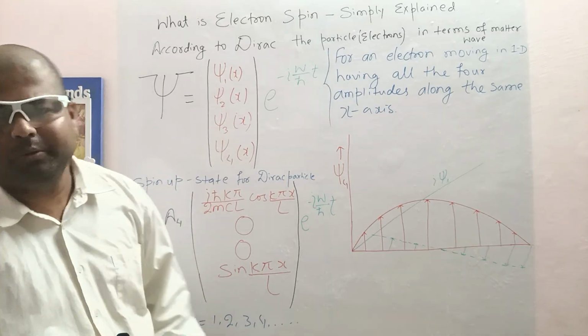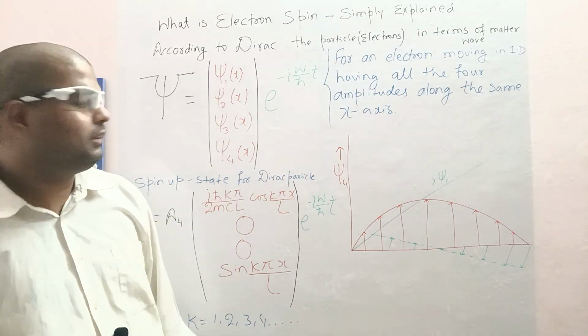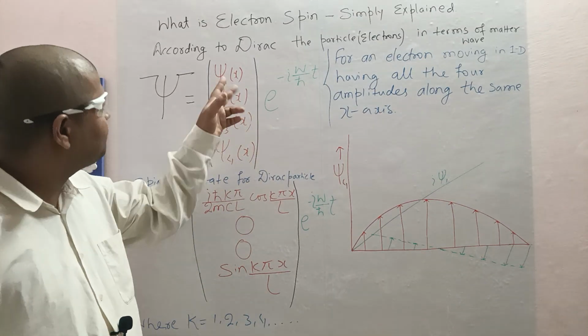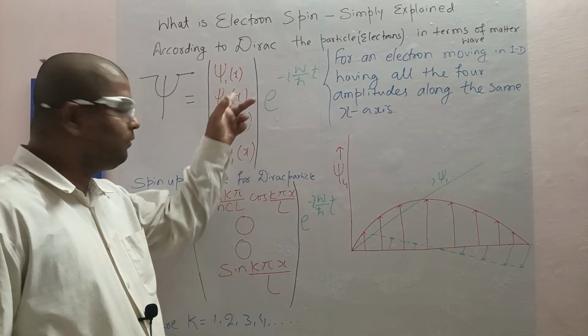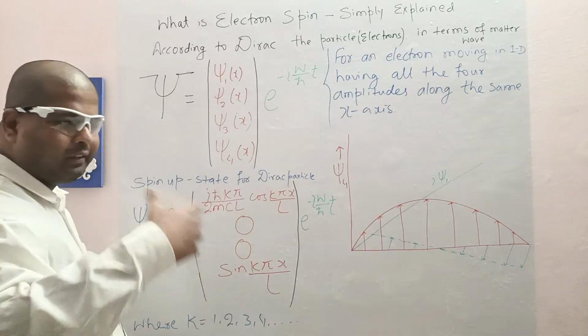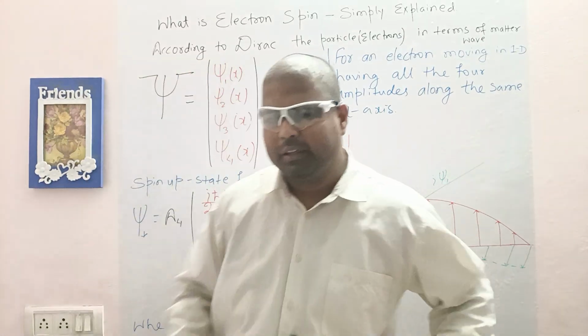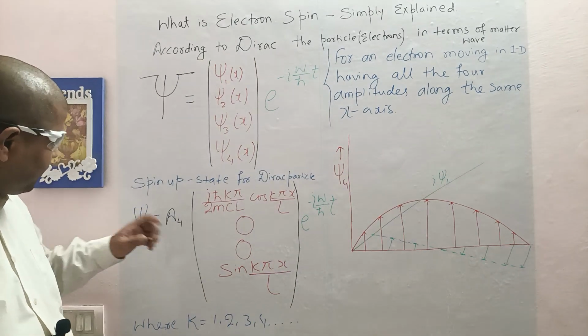After putting the value of this matter wave in the Schrodinger-like equation, Dirac found that we have to put 2 of its amplitude components to 0. Any 2 of its amplitude components 0, then we can solve the Dirac equation for the electron.